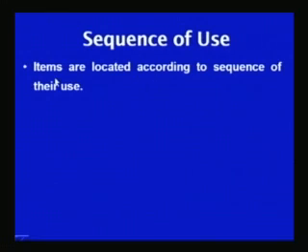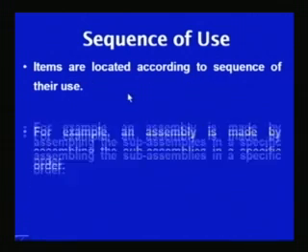Another principle which is used for locating the control devices is the sequence of use. Some of the control devices are used in one particular order, so the items located according to this principle are located according to the sequence of their use.